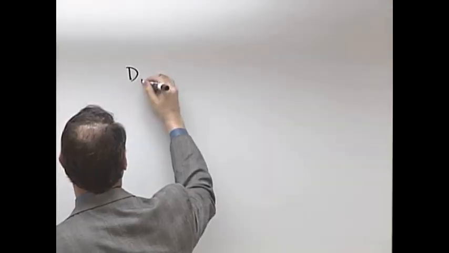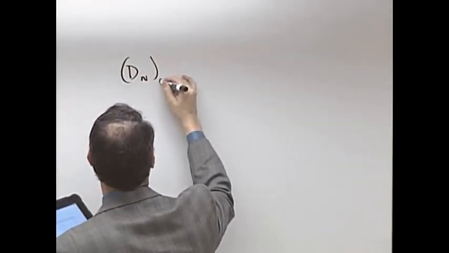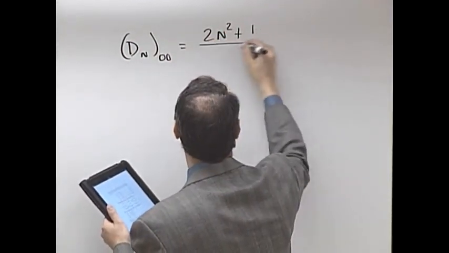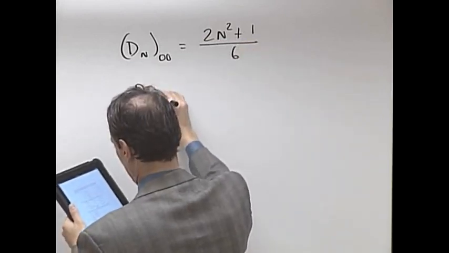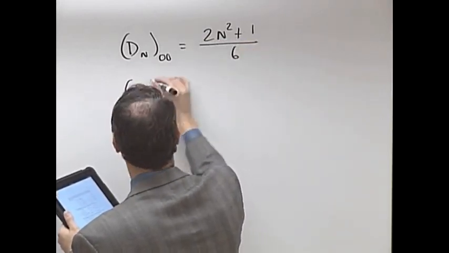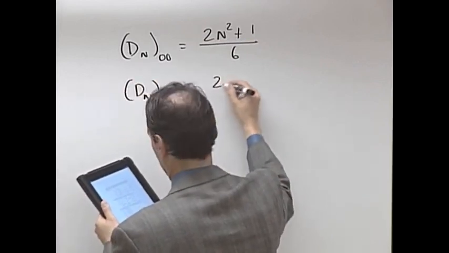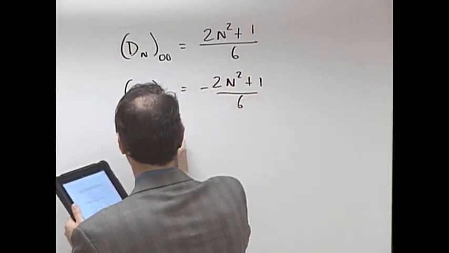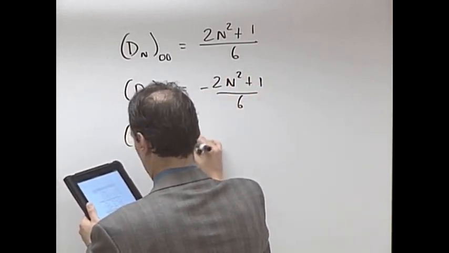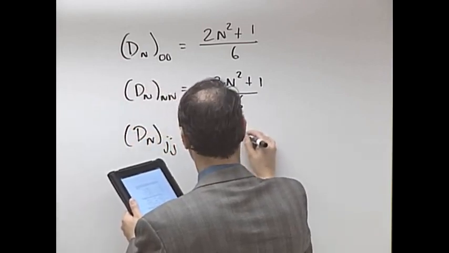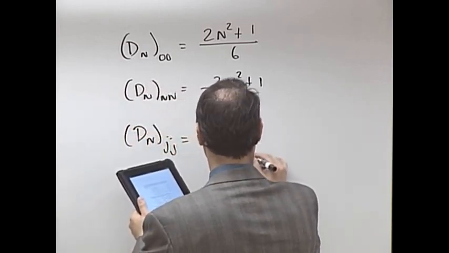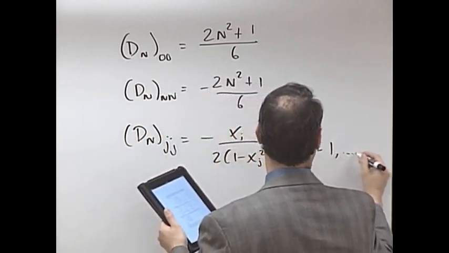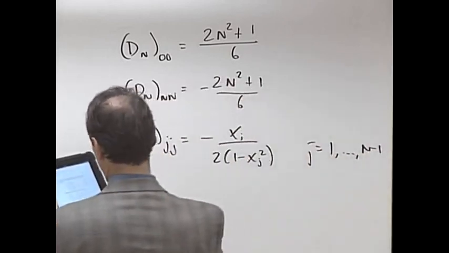So the D n, the 0th component is that. The last component, this. Let me tell you what the diagonals look like. And then let me tell you what the off diagonals look like.